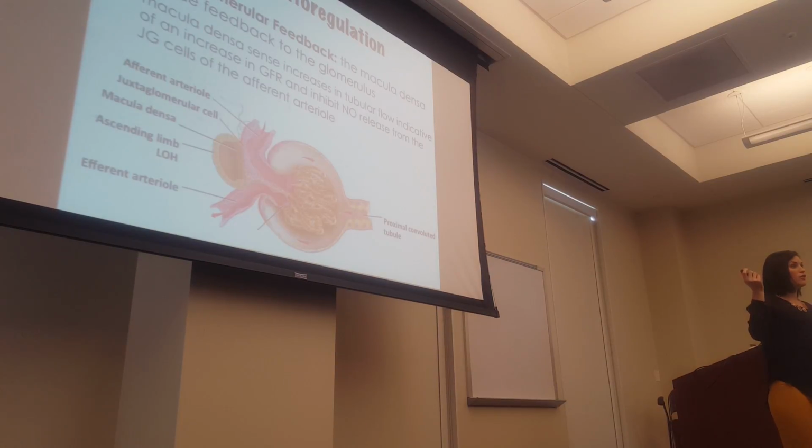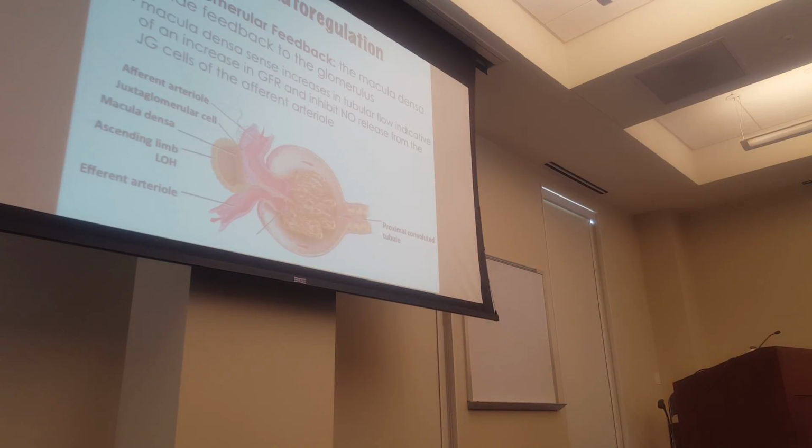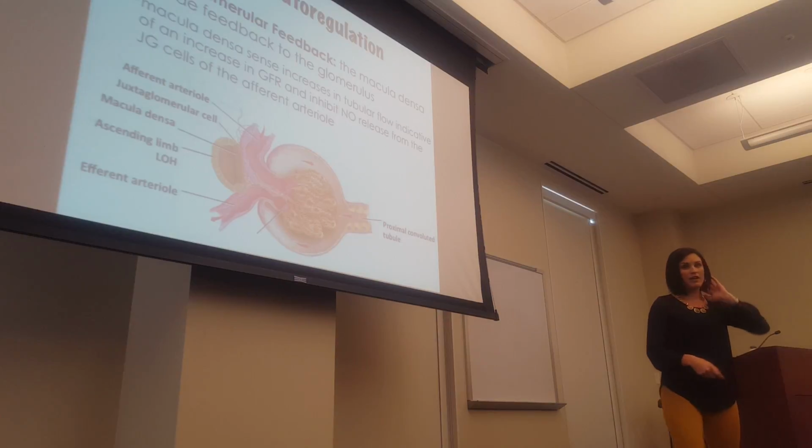All right, tubuloglomerular feedback is the next form of renal autoregulation. And again, this has to do with crosstalk between the macula densa and the juxtaglomerular cells of the afferent arteriole, okay?